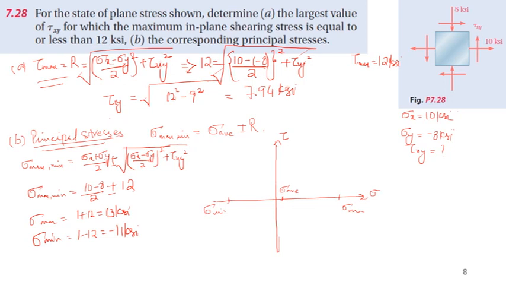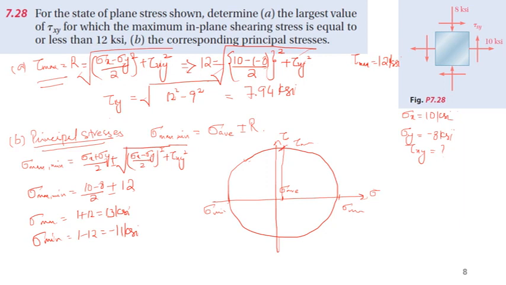And if we draw the Mohr circle, that will be something like this. And the maximum shear stress will be the radius of the circle, tau max.